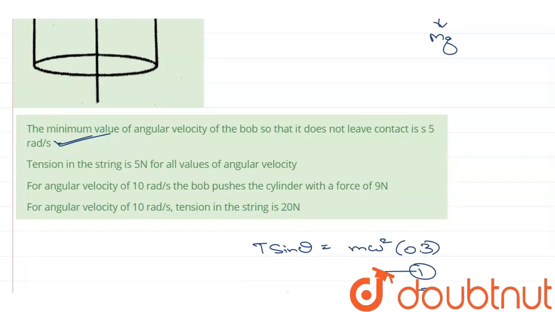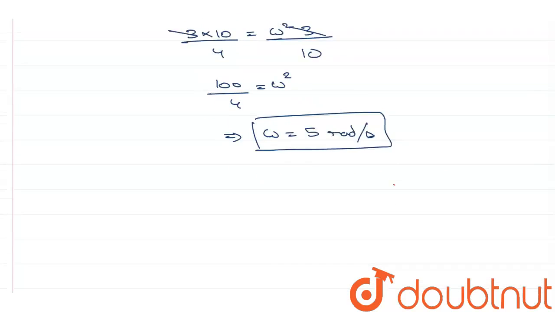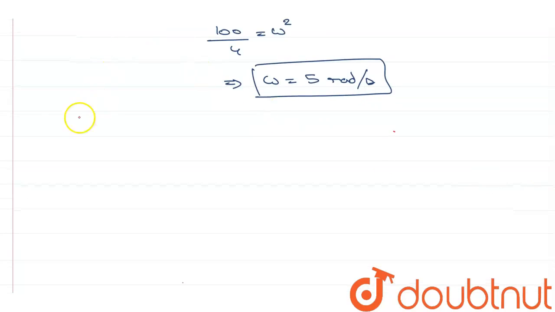Now the second option says that tension in the string is 5 Newton for all values of angular velocity. For this, let's take equation number 1 and equation number 2 and square them and add them. So if I square and add equation 1 and 2, what do I get?